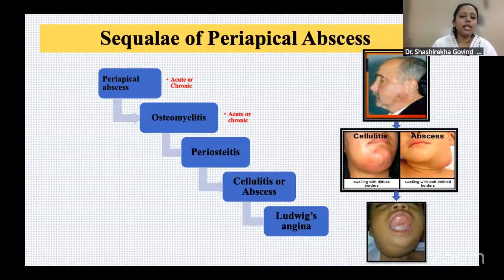Based on that, it can lead to osteomyelitis, periostitis, cellulitis, abscess or Ludwig's angina. When cellulitis or Ludwig's angina happens, then it becomes mandatory for us to do an extraoral stab incision to release all the complications.